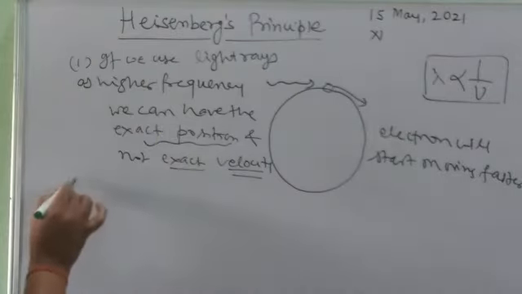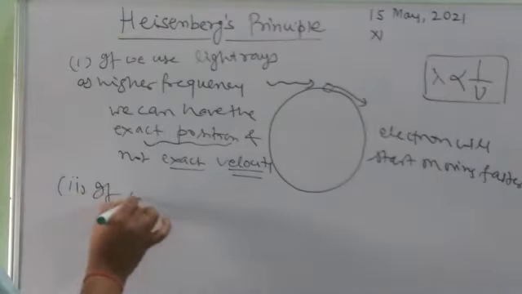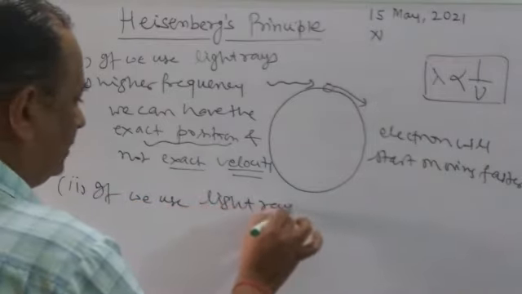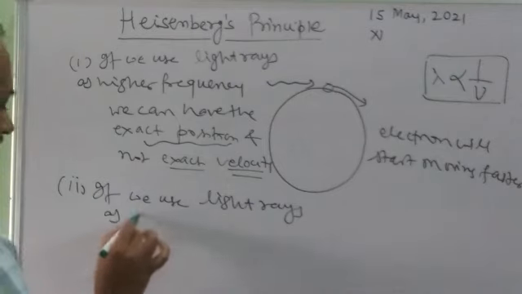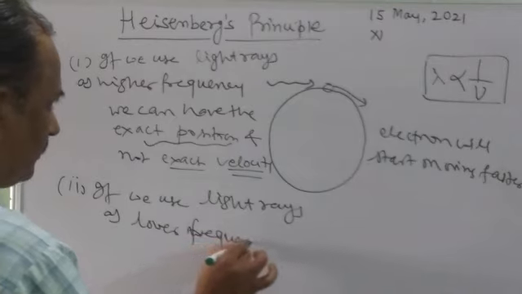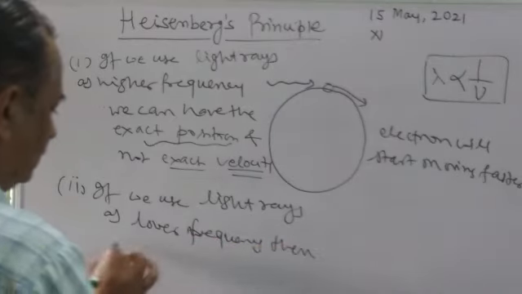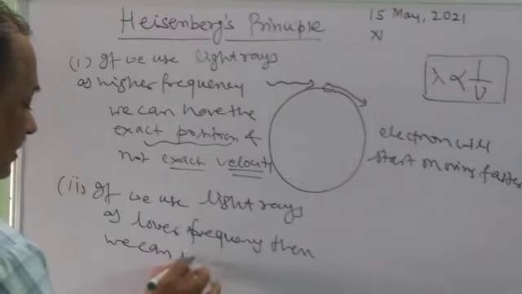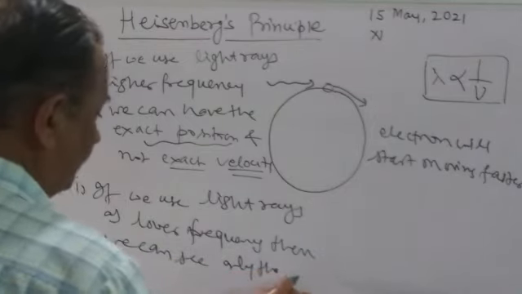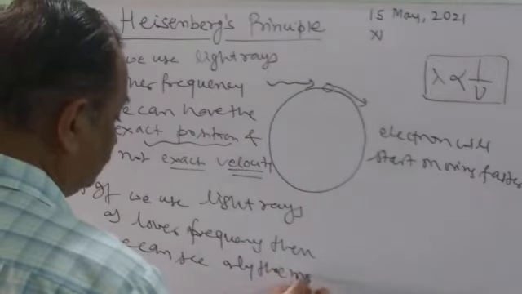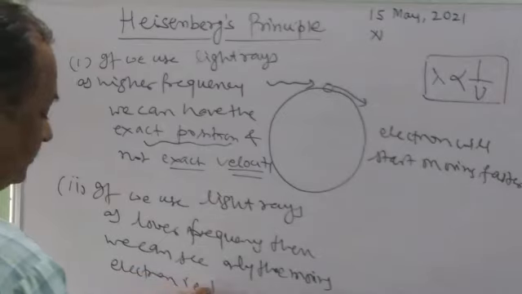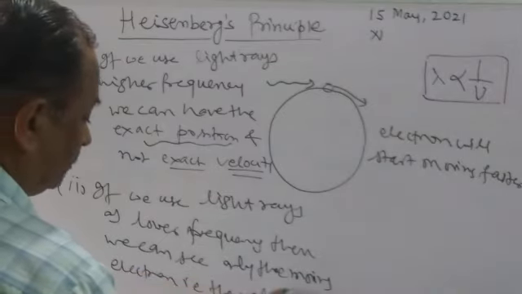Now second, if we use light rays of lower frequency, then we can see only the moving electron, that is the velocity.